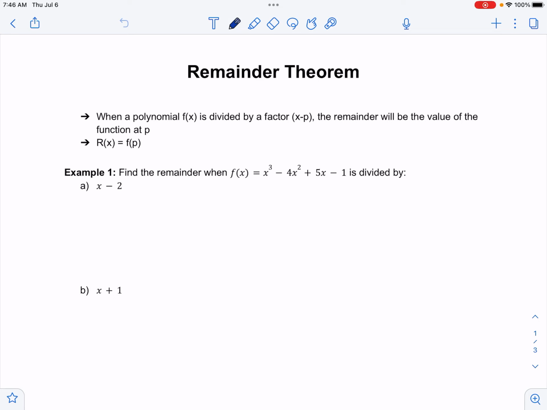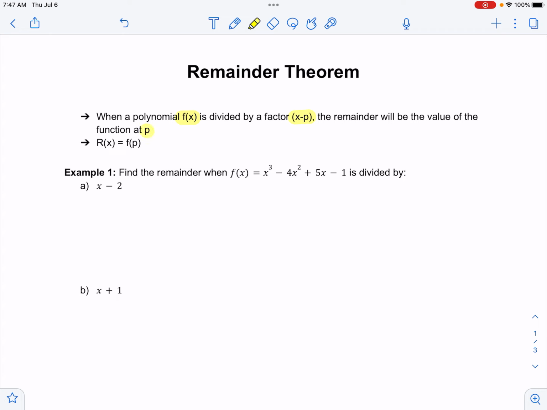Alright, hopefully previous to watching this video, you have done the remainder theorem investigation or warm-up, and so you've got an idea of where we're headed here. The formal definition for the remainder theorem is what I have written at the top here. When a polynomial f of x is divided by a factor x minus p, the remainder will be the value of the function at p.